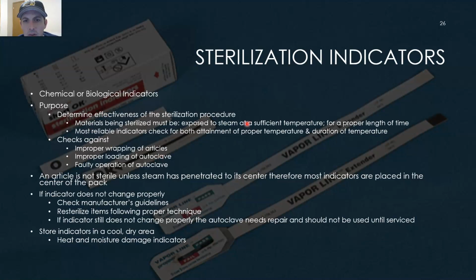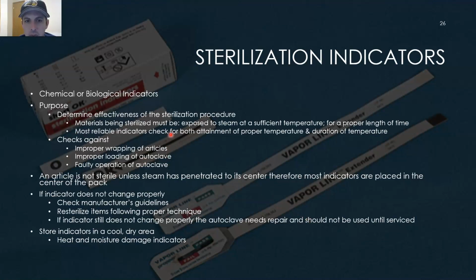The main purpose is to make sure that the items within were exposed to steam at a sufficient temperature for a period of time. So the indicators are going to check for proper temperature and duration of time, at least the best ones are. Some of the cheaper ones just test for one or the other.